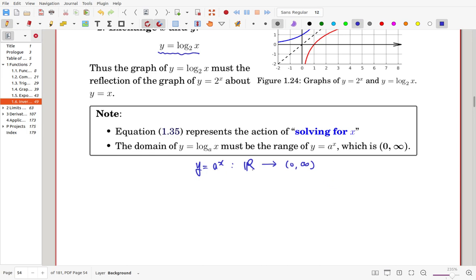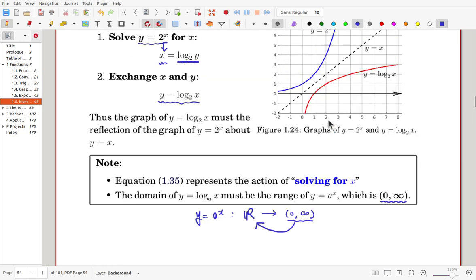But the inverse, the logarithm function, does not take this as the domain; instead it takes R for the range. So the domain must be positive numbers, as you can see from this picture, log base 2 of x takes only positive numbers. Also, log base 2 of 1 is 0. Okay?